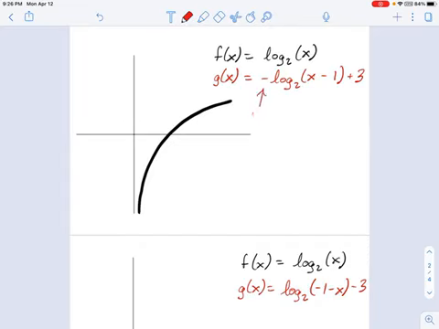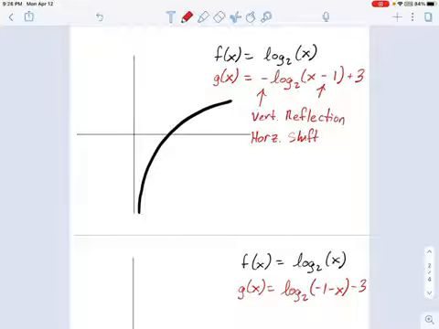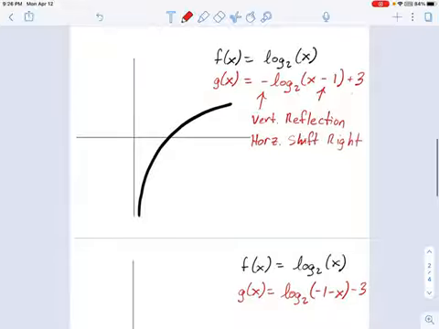There is this vertical reflection that you can see in that negative sign. And what else do we have here? That is another horizontal shift. And once again, that's a -1. That means right. And this time, there's a +3. So that is a vertical shift. And this time it's going to be up.